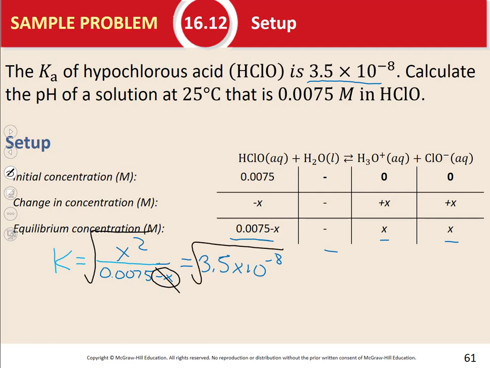So when we take a square root, the numerator, X squared, the square root of it is just X, and on the bottom, the square root of the 0.0075 is 0.0866. On the other side, the square root of our Ka gives us 1.87 times 10 to the negative 4th.